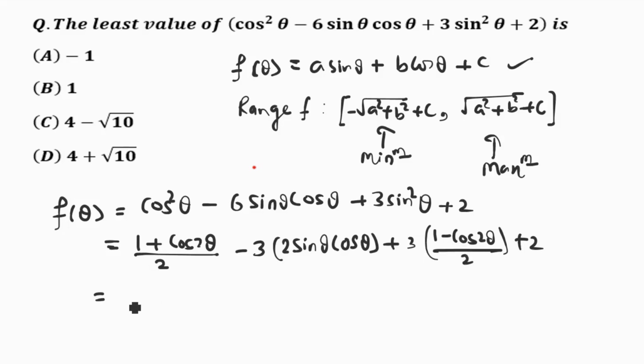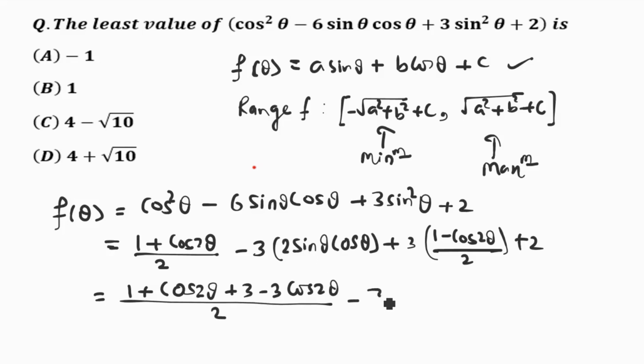Now we can simplify this together, with 2 as the LCM. So we write 1 plus cos 2 theta, then 3 minus 3 cos 2 theta, divided by 2, and minus 3 times 2 sin theta cos theta, which is sin 2 theta, plus 2.